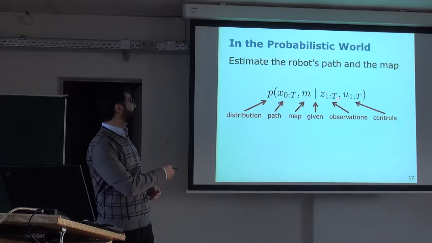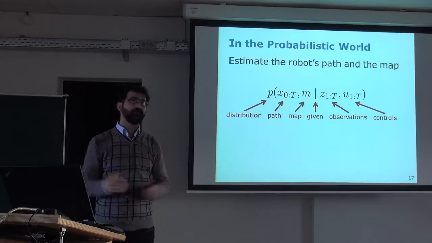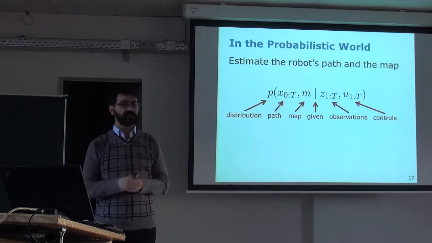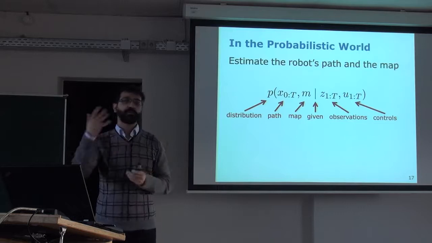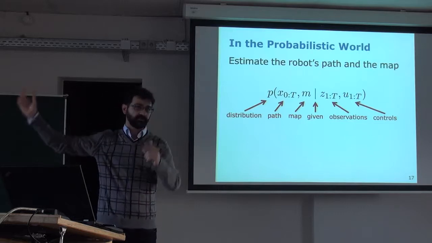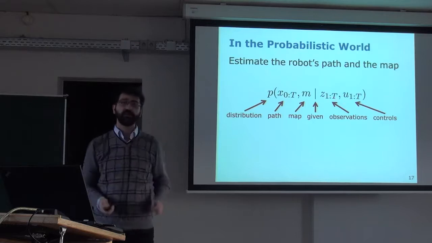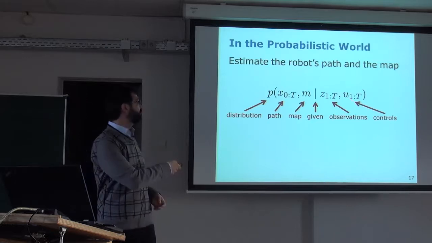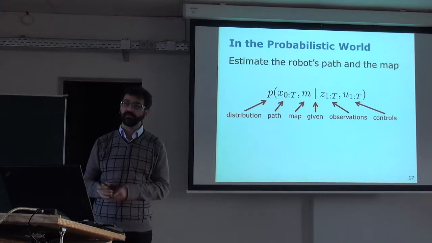Therefore, we have discrete indices here. If you by chance have continuous signals, then instead of a sequence of variables, this will be a process, or a function which is stochastic. But in this case, we just consider discrete indices, okay? And for simplicity, we just assume that all the sensors, so the external ones and the internal ones, have the same clock and come at the same discrete time, okay?